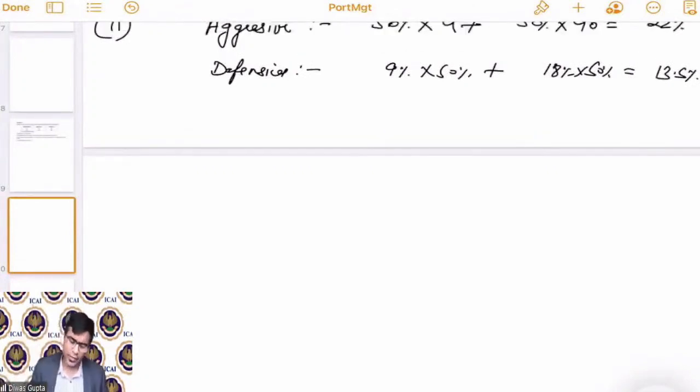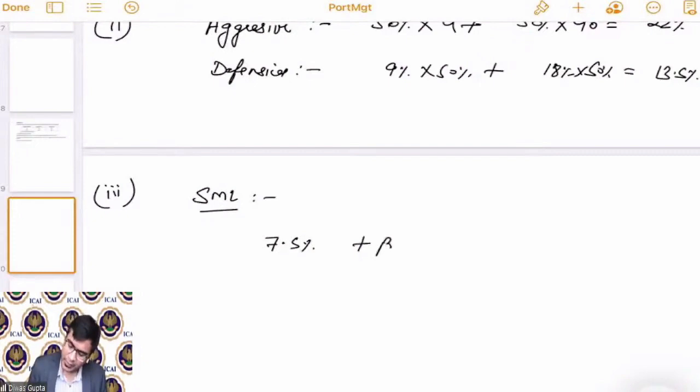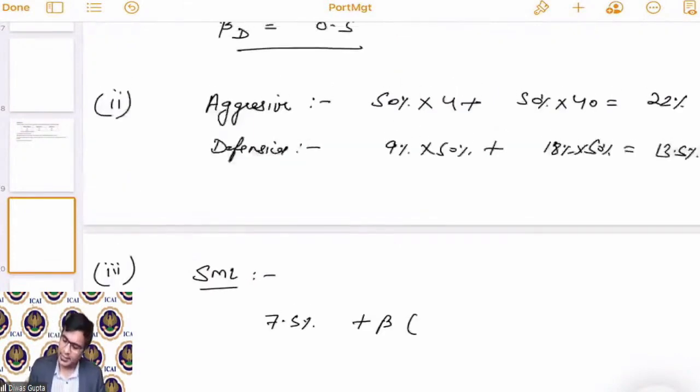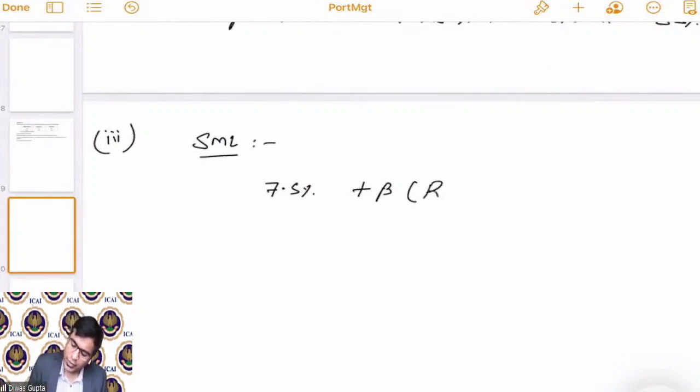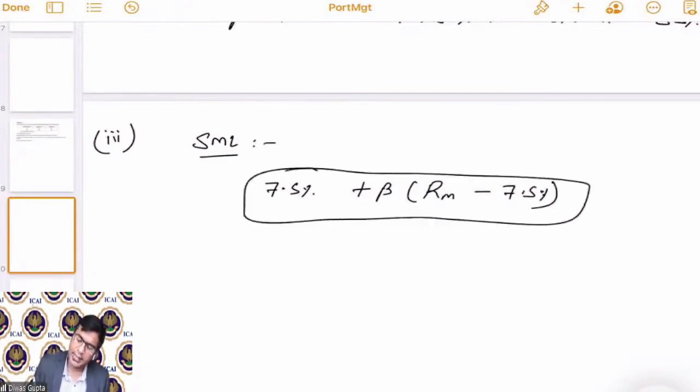So the securities market line will be 7.5% fixed plus beta. Beta is the one thing which will be a variable in this, correct? And now in this part we have to calculate the market return minus 7.5%. This is what the securities market line is going to be.